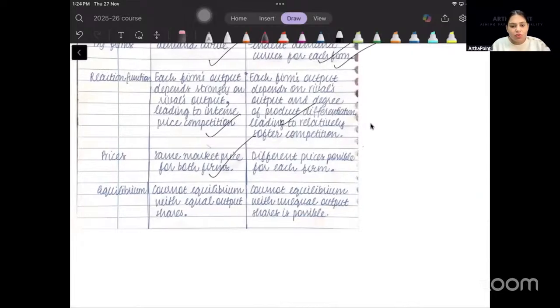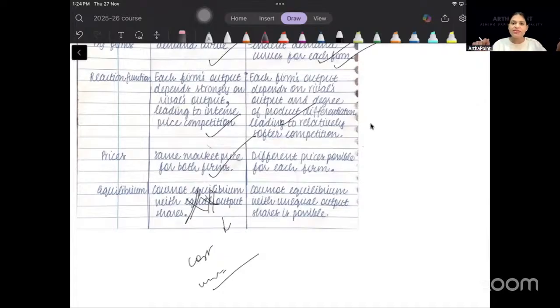Cournot model with equal output share may not always be true, because it will depend on your cost function. You may be selling the same product, exactly the same homogeneous product, but your marginal costs can be different, right? So not always your output will be same.